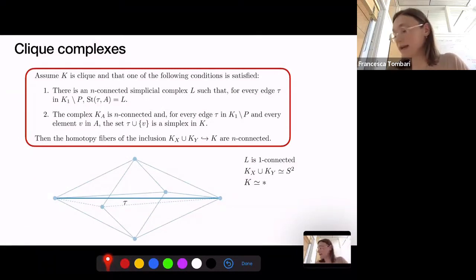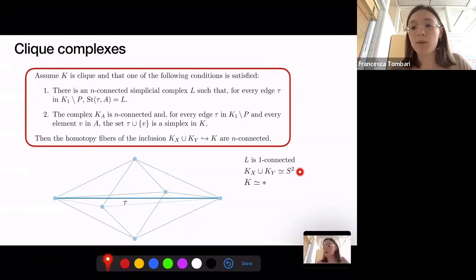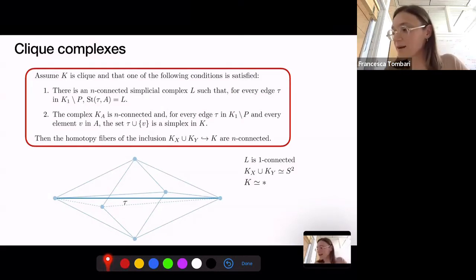Maybe this is too silly an example, but you may observe that H0 and H1 are indeed isomorphic for K and its data-driven decomposition. Indeed, they are both 0, reduced homology I'm talking about. And there is a surjection from the degree 2 homology of the data-driven decomposition to the degree 2 homology of K, so 1-dimensional to 0-dimensional.